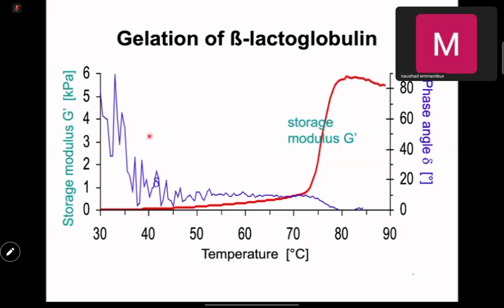Another example here, you can also look at beta-lactoglobulin when it's gelling, like we said here. Beta-lactoglobulin is a heat-induced gelation because it's a milk protein. So when you heat it, it becomes thick, and then it can gel. If you look at the phase angle, when it's very close to 90, it's very fluid.